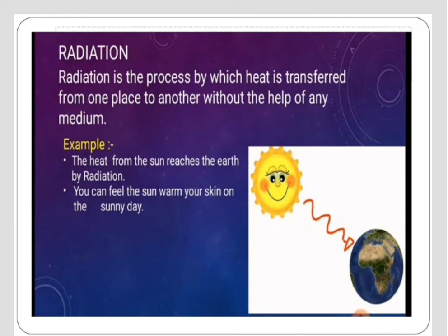Yes, a hot utensil kept away from the flame cools down as it transfers heat to the surroundings by radiation, and our body also gives heat to the surroundings and receives heat from it by radiation. Yes, this process is known as radiation. Okay.